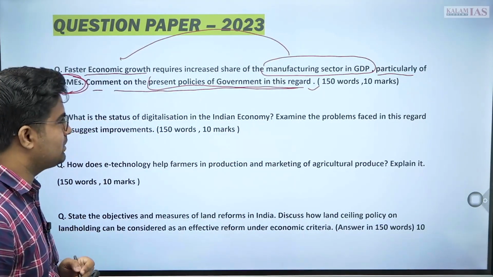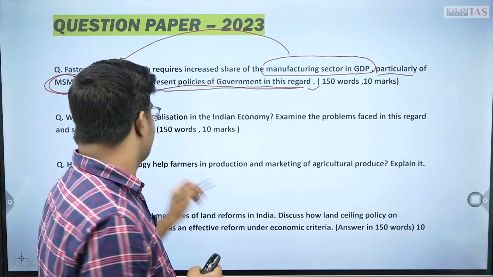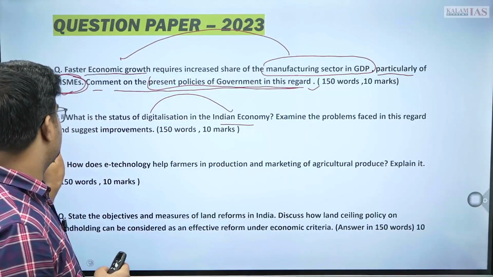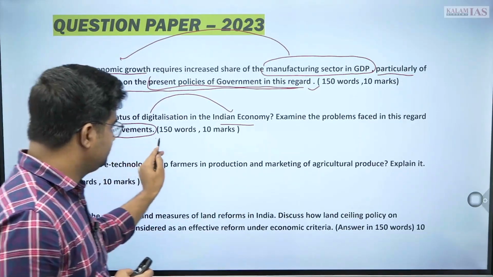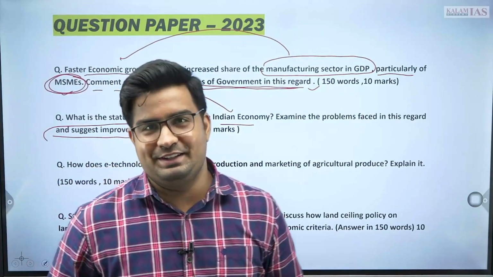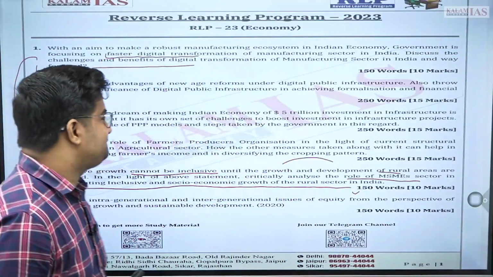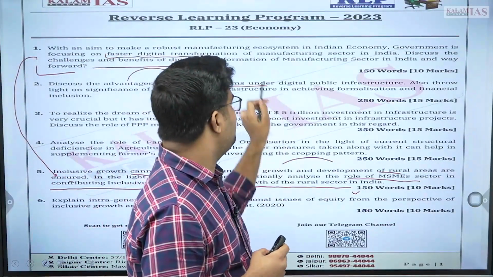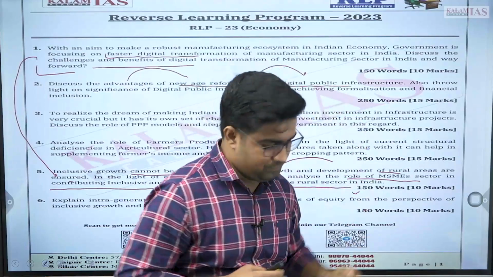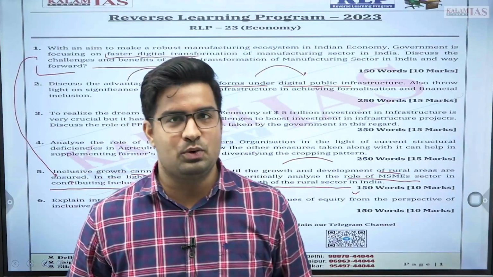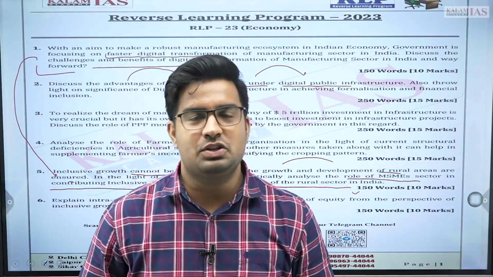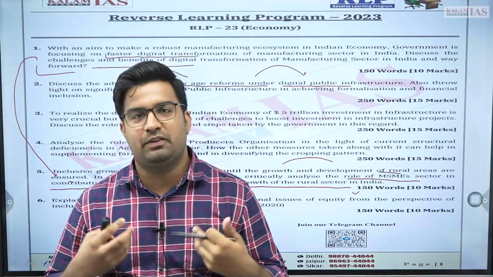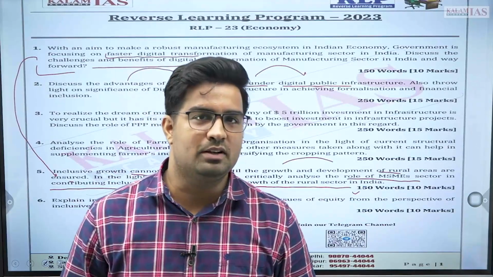What is the status of digitalization in the Indian economy? Examine the problems faced in this regard and suggest improvements. Now let me show you another question. Discuss the advantages of new age reform under digital public infrastructure. What digital public infrastructure is doing is making digitalization in the economy with different sets of reforms and new initiatives taken by the government.